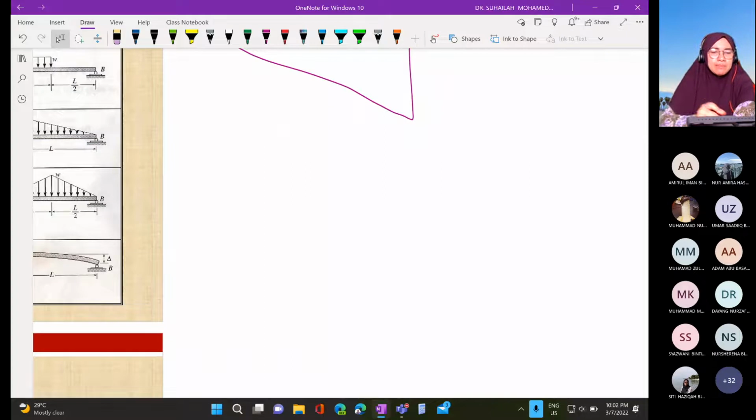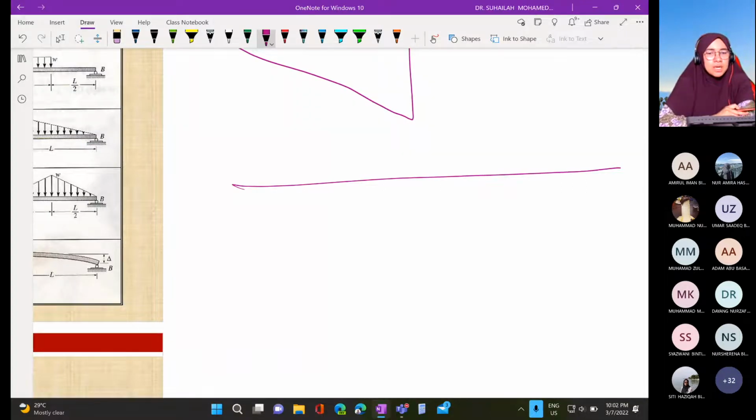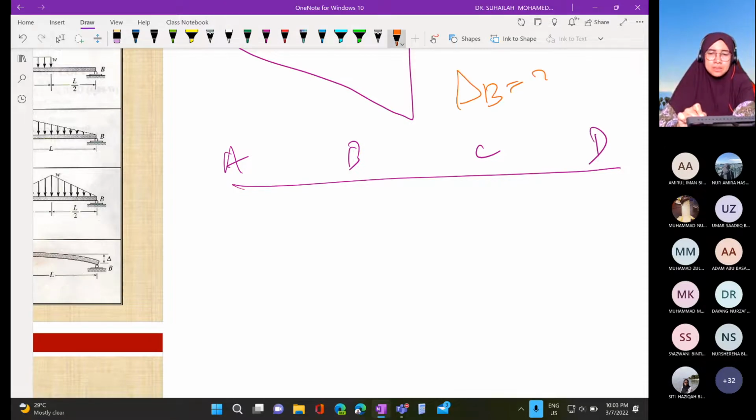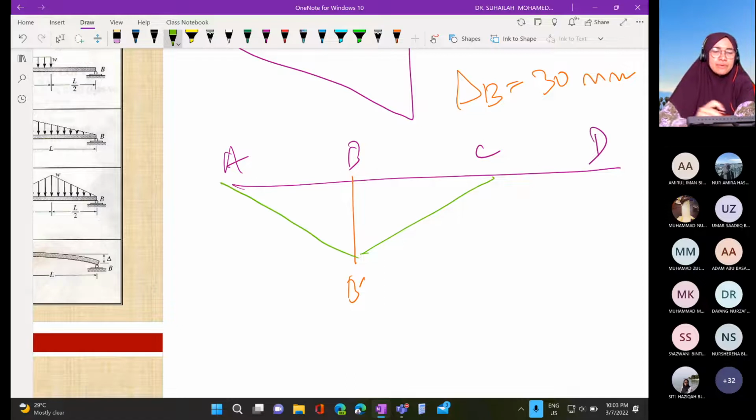Means that beam ni, okay, beam A, B, C, D. Dalam soalan, mention about support settlement at B, 30 mm. So B settle from original position to new position. This is B prime. Okay, so what happened? We will have frame after settlement like this.